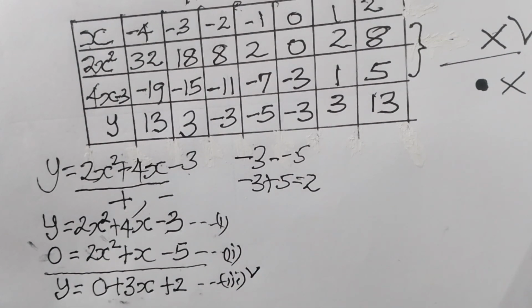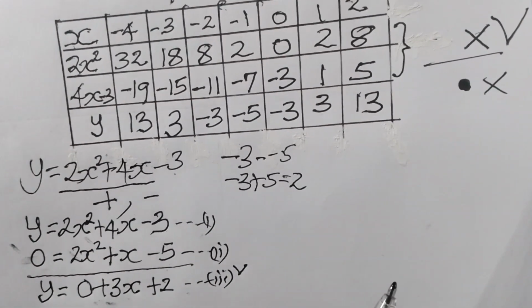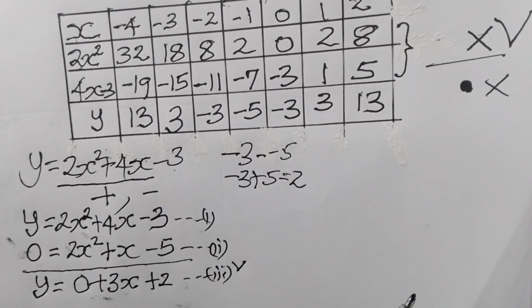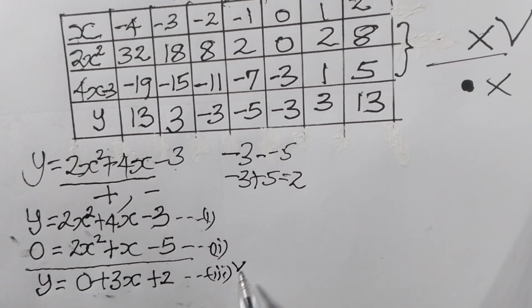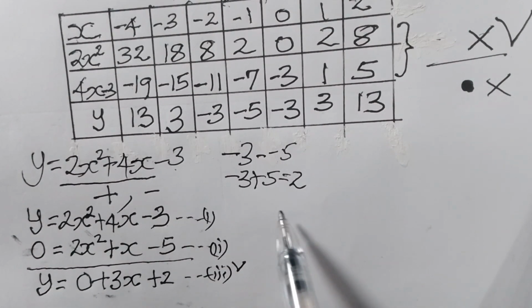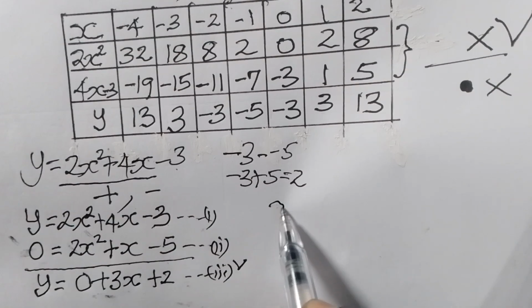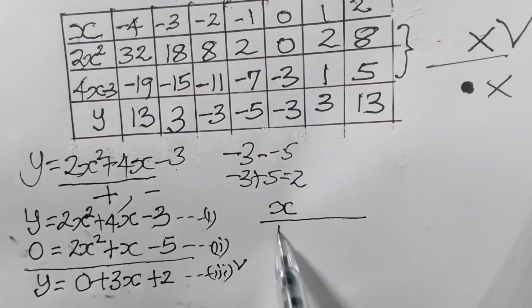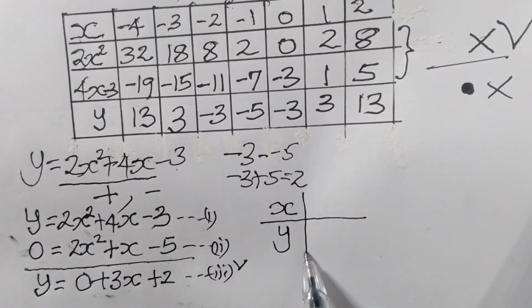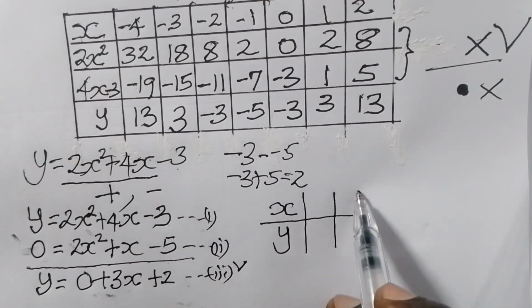Okay, so we just now need to get 2 points so that we can plot the straight line. Previously, we have seen how to get 2 coordinates given a linear function. When we want to plot a linear function, we are going to generate a table of values. Right here x and right here y, 2 columns like that.